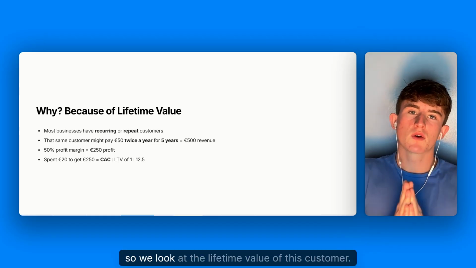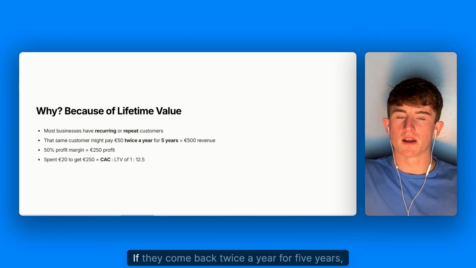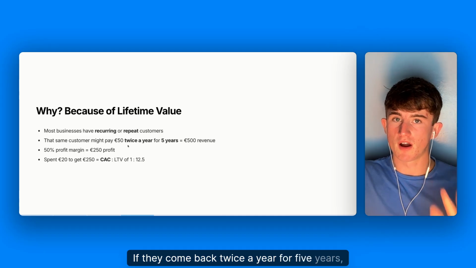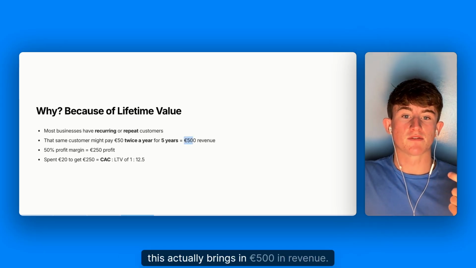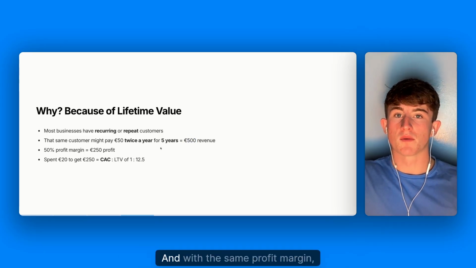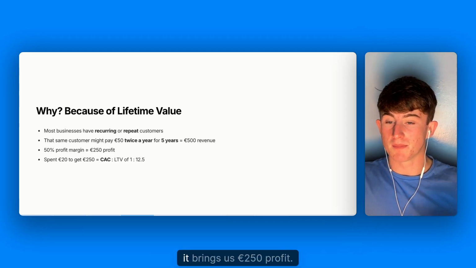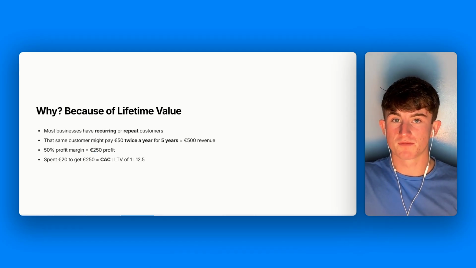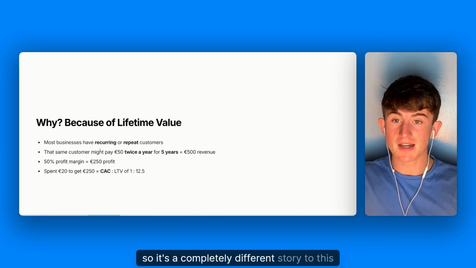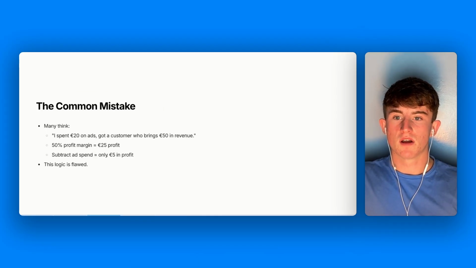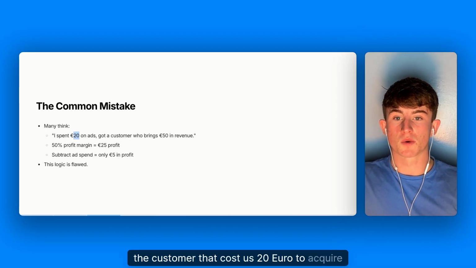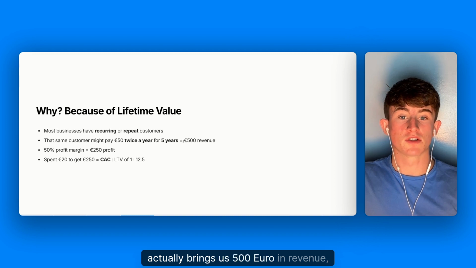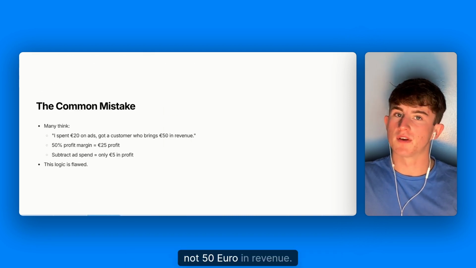So we look at the lifetime value of this customer. If they come back twice a year for 5 years, this actually brings in €500 in revenue, and with the same profit margin, it brings us €250 in profit. So it's a completely different story to this situation here. The customer that costs us €20 to acquire actually brings us €500 in revenue, not €50 in revenue.